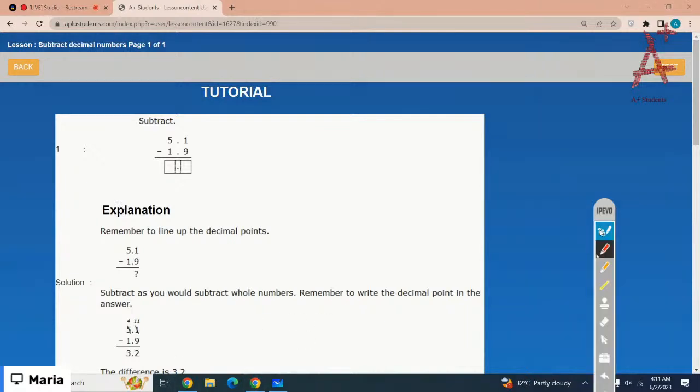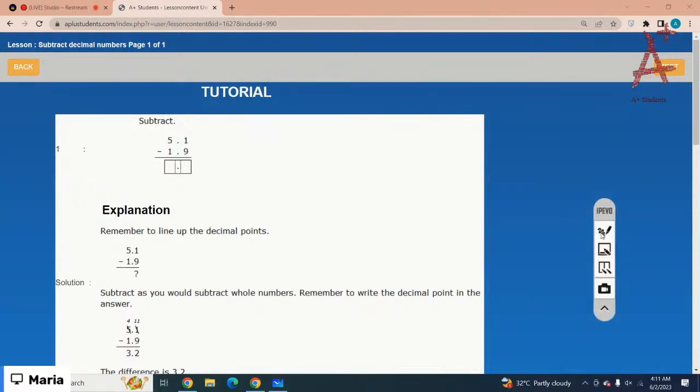Look at the first example, 5.1 take away 1.9. We have to start from the rightmost digit, but you cannot subtract 9 out of 1.